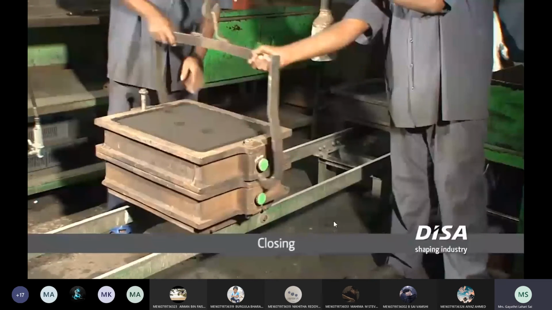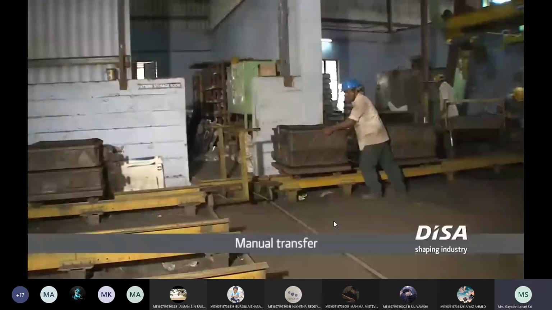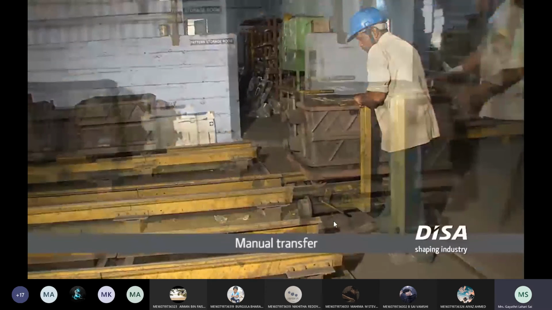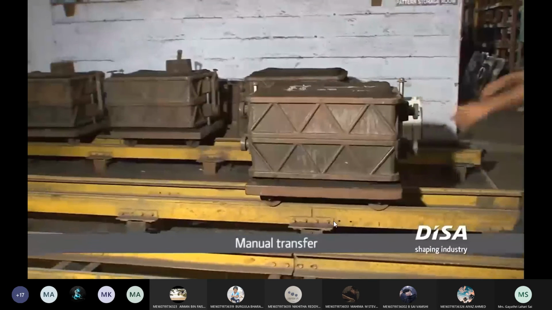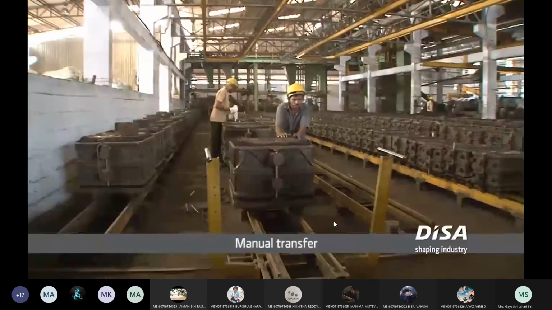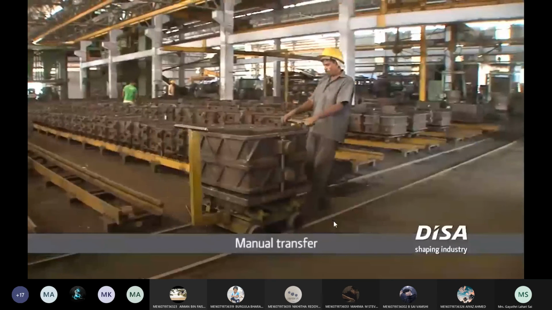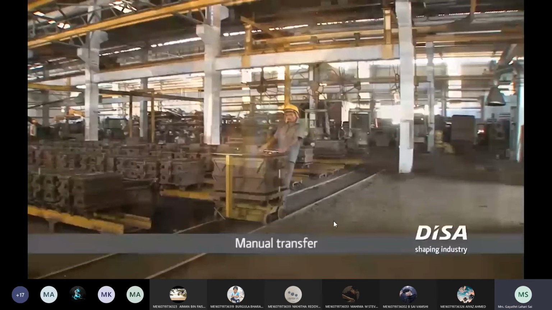You see how the cavity is being done, and this was a manual transfer of the cope and the drag. Pouring lines and cooling lines.